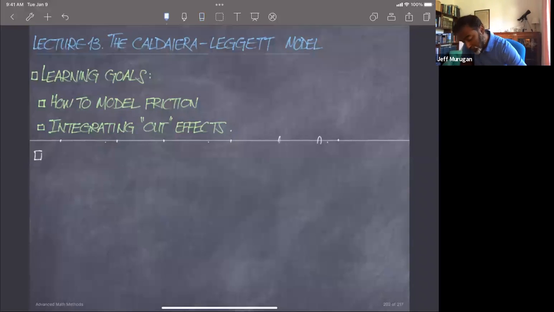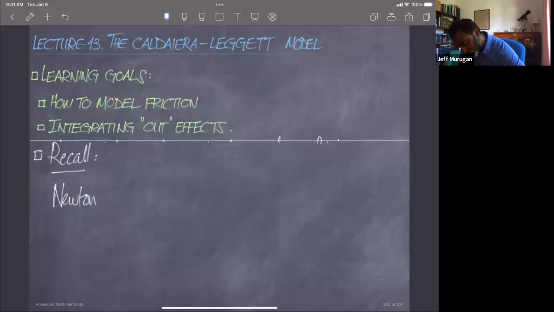So recall the following. Firstly, there was Newton, and Newton's law tells us the following. It says that F equals ma. If I exert a force on a system, it produces an acceleration.